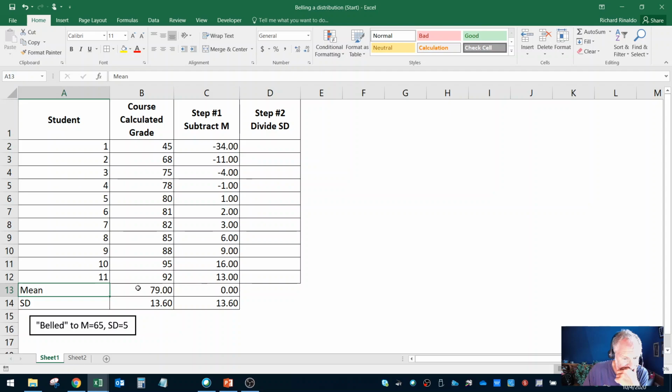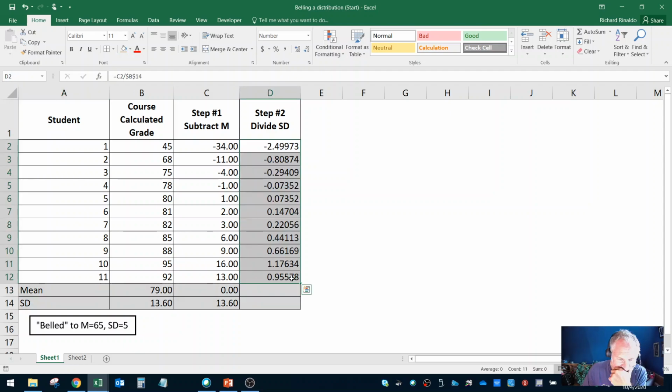I'll take the result of that and I'll divide it by the standard deviation, which is 13.6. So I'm going to go to B14 for that. Now, when I've done this, I have a new mean and new standard deviation. And the new mean is 0, and the standard deviation is 1.